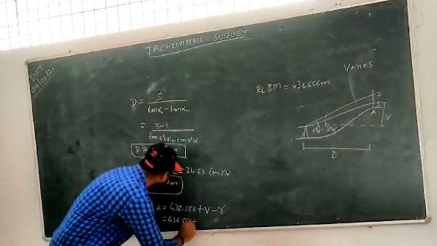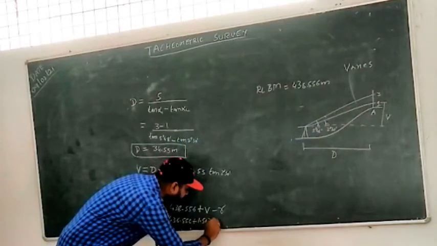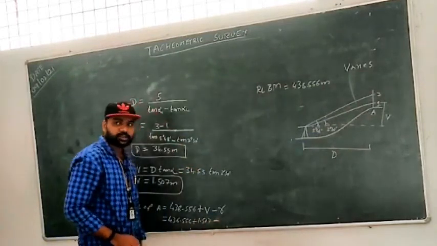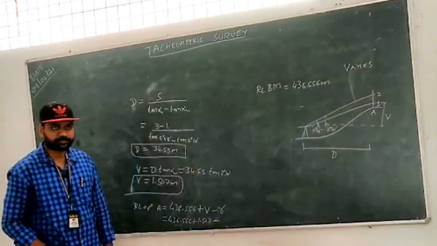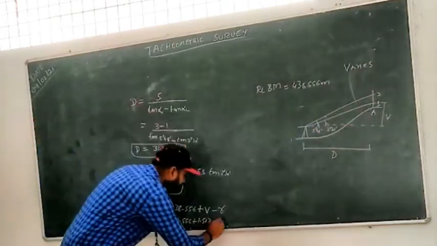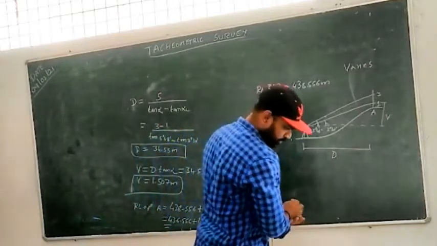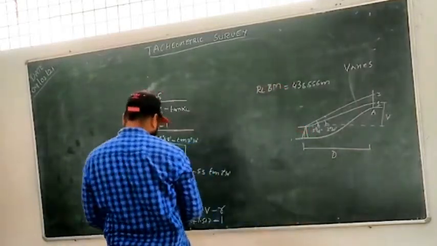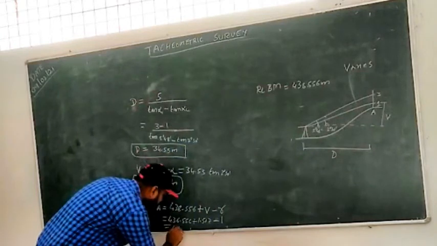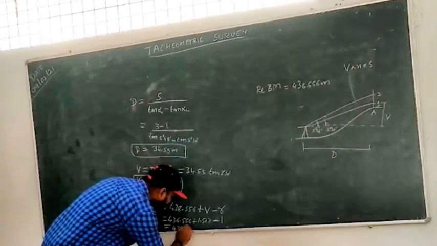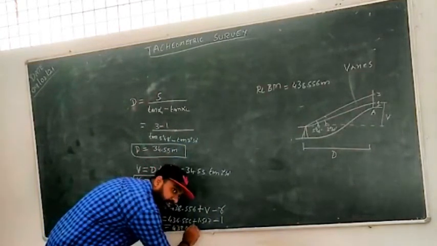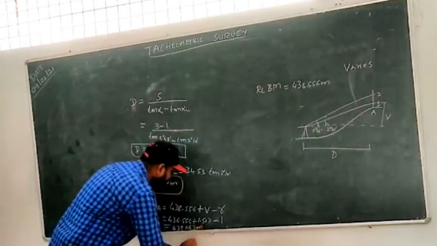438.556 plus V is how much? 1.507 minus R, what will be the R? Yes, R is 1. So how much? 439.063 meters.